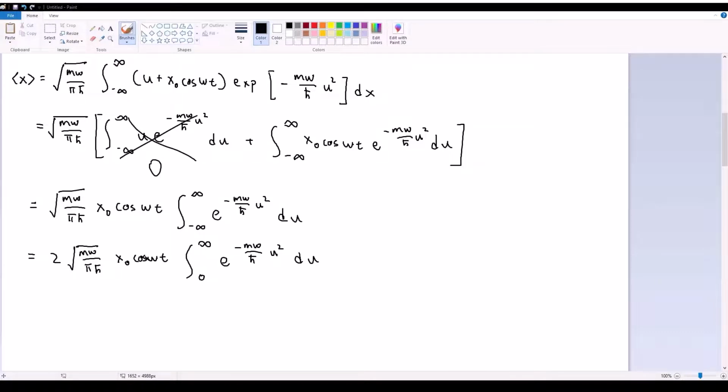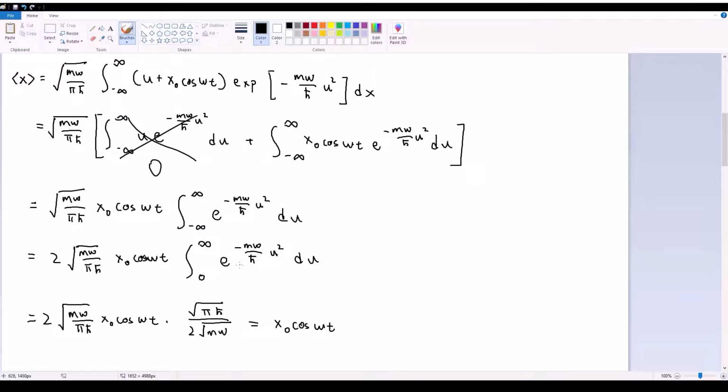And this resulting integral is going to give me 2 square root m omega over pi h bar times x naught cosine of omega t multiplied by square root of pi h bar over 2 square root of m omega. So the pi h bar and m omegas all cancel, the 2's cancel. This gives us a final result of x naught cosine omega t.